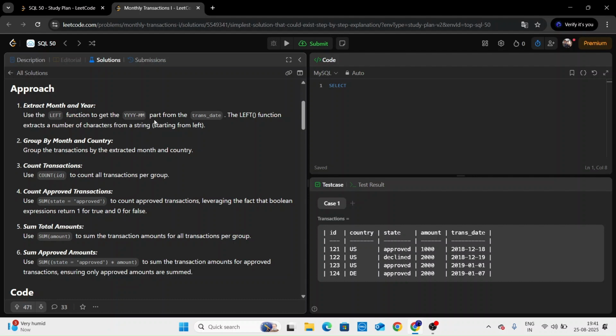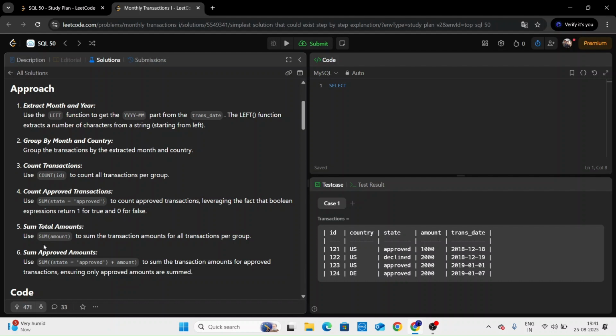So basically, we are using the Boolean function. The Boolean function just returns zeros or ones. If it is 1 it means it is approved, so we will sum it up. So we will only get the count of only the approved transactions of that particular country and also the particular month. Then we can use sum amount.